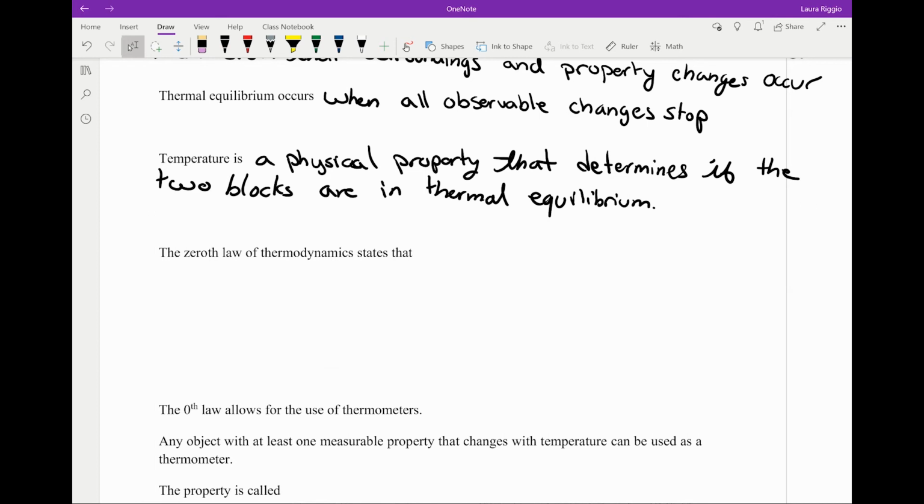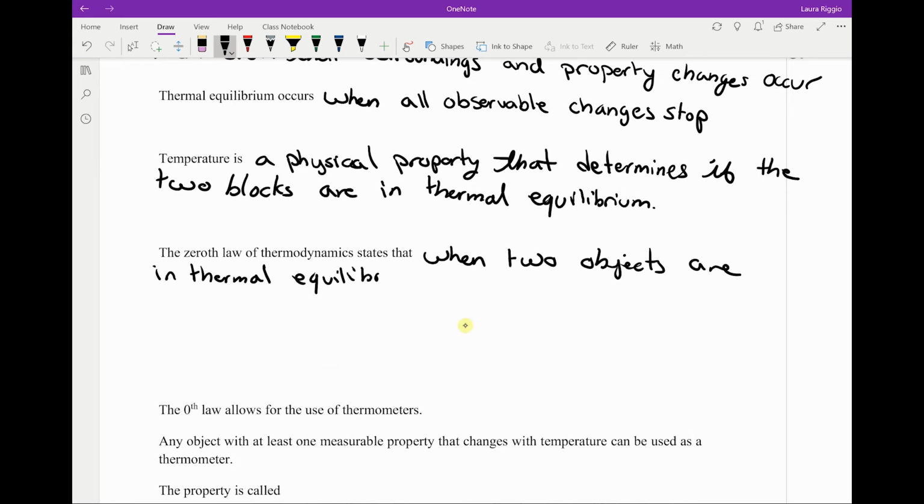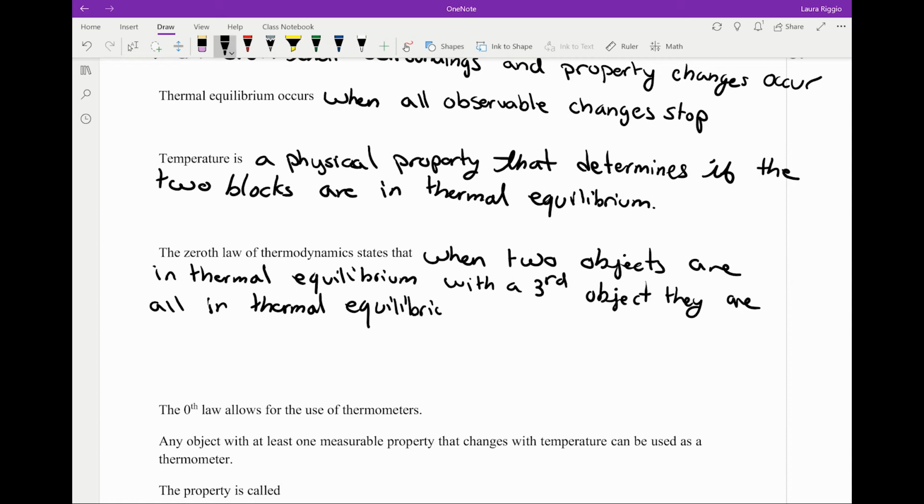And what the zeroth law of thermodynamics says is that when two objects are in thermal equilibrium with a third object, they are all in thermal equilibrium with one another.